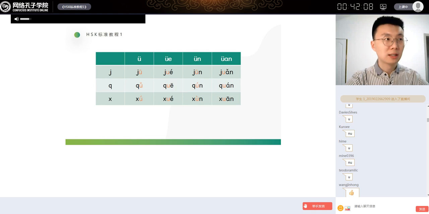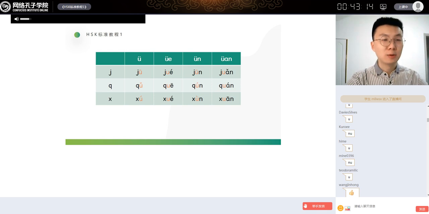Here are some finals headed by yu. Look at this. Let's read them together. 居、取、徐. Here, 约、决、绝，缺，学，晕，均，群，训，冤，卷，全，宣.